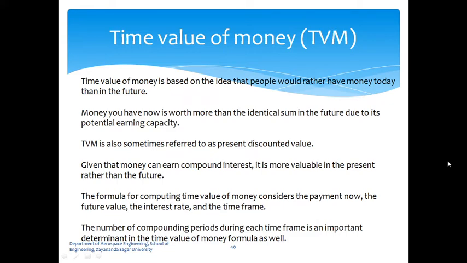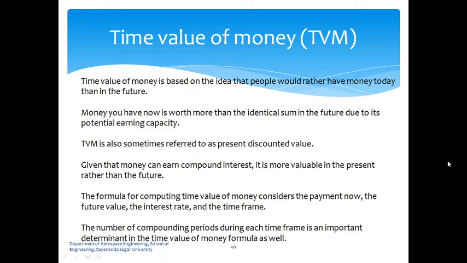So whenever you are making proposals, you need to present cost to benefit. What are the costs incurred and what are the benefits you are going to get? This is called cost to benefit. When you are presenting these benefits down the line, but when you want to compare today's investments and the future benefits, then there is a difference.